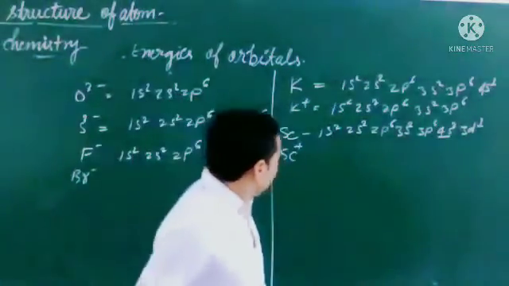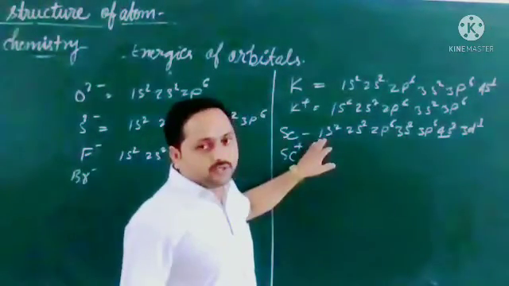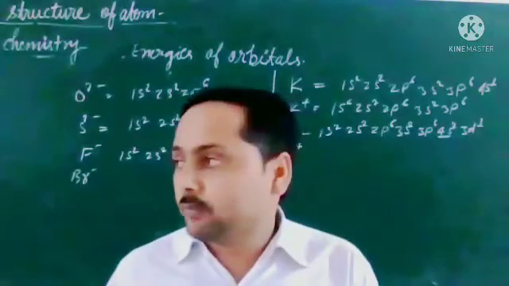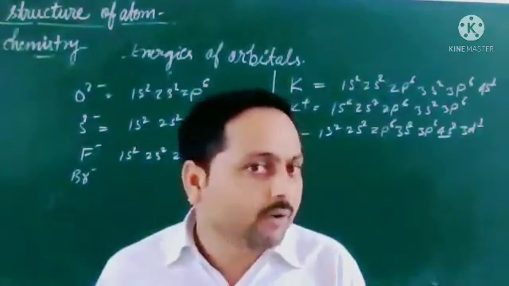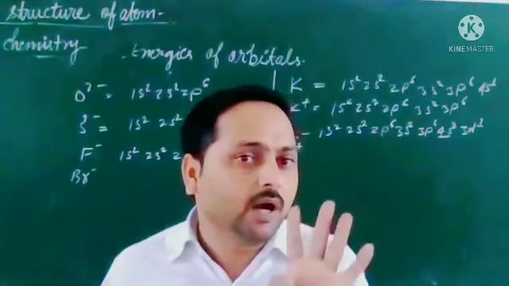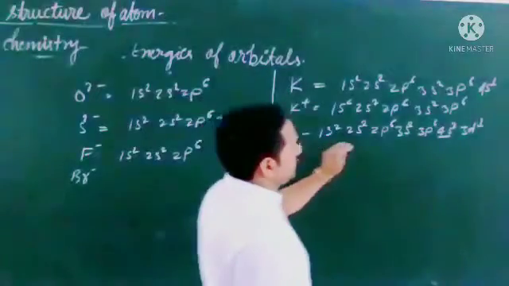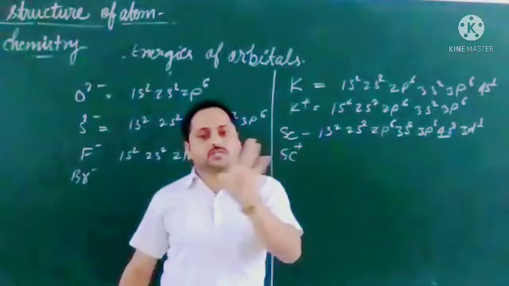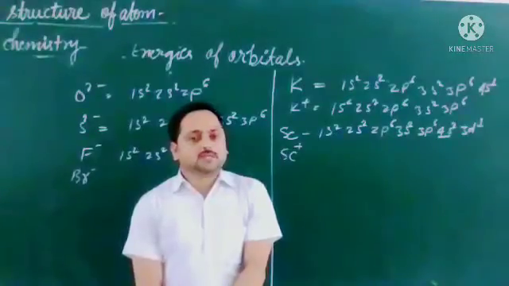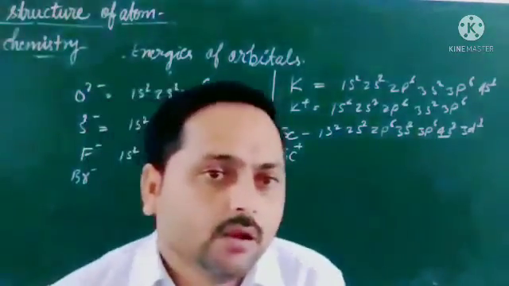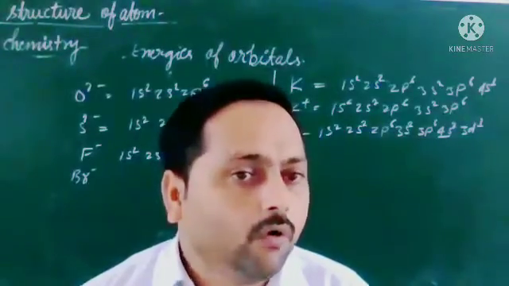So if we write the electronic configuration, we have to check which one is the outermost shell. So here, which one has the highest value of n? 4s.